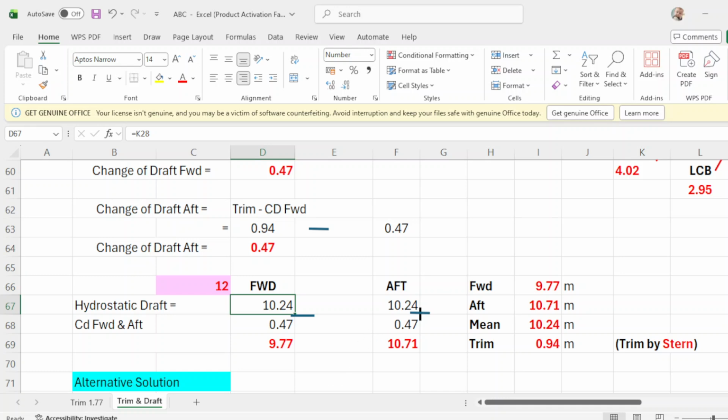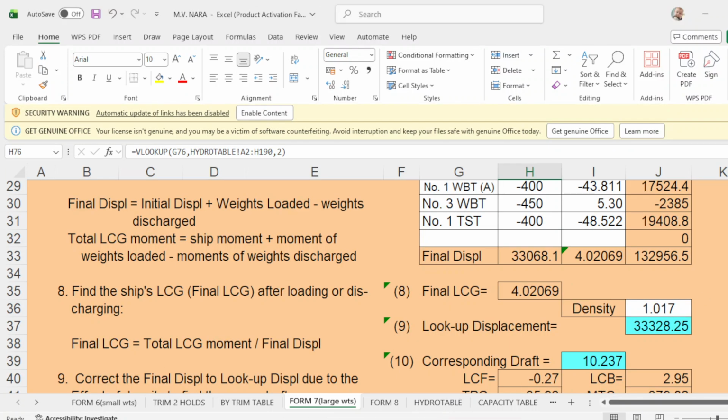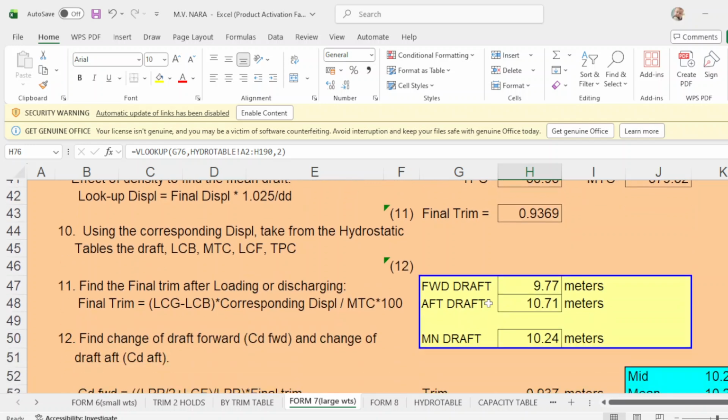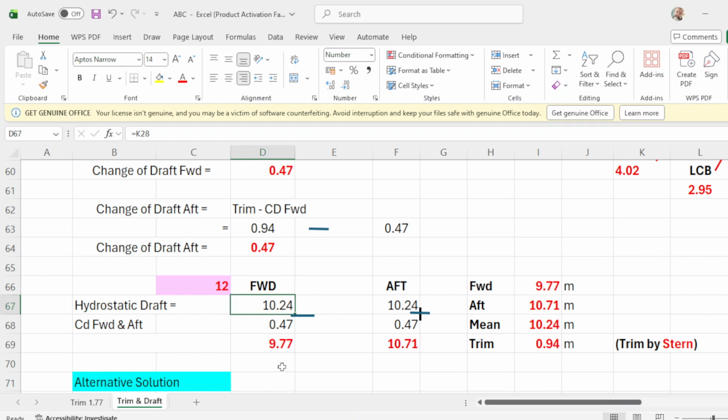So your forward is 9.77, up is 10.71, and your mean drop is 10.24. So you got here 9.77 and 10.71.